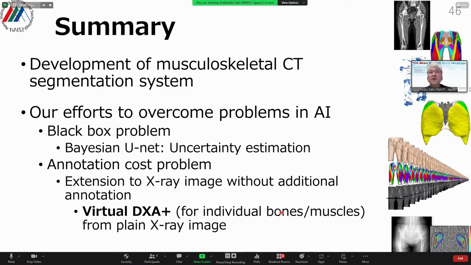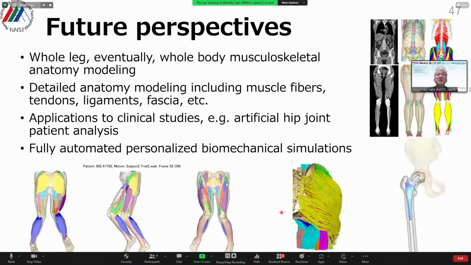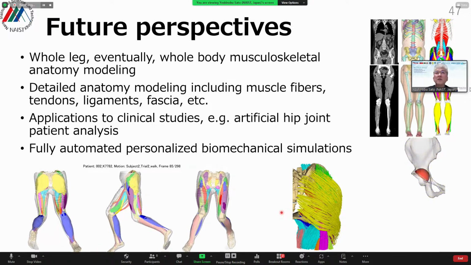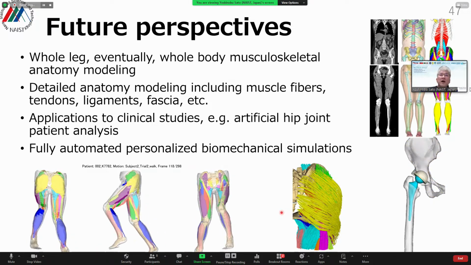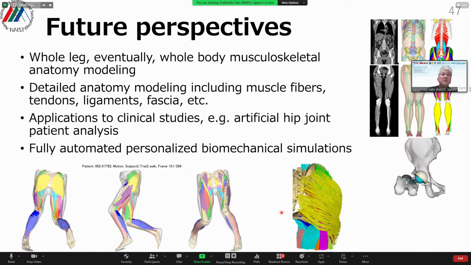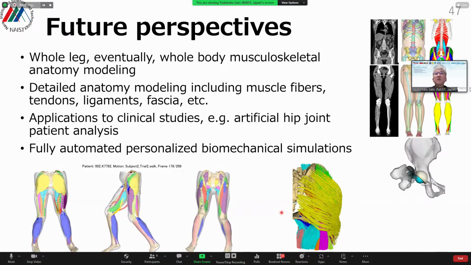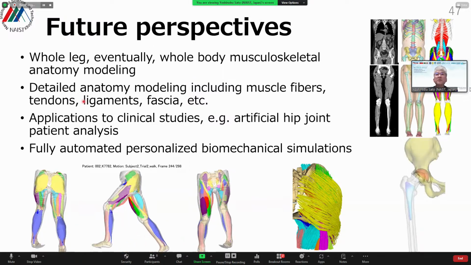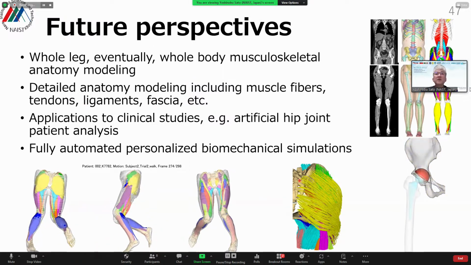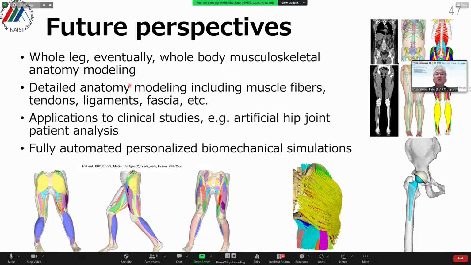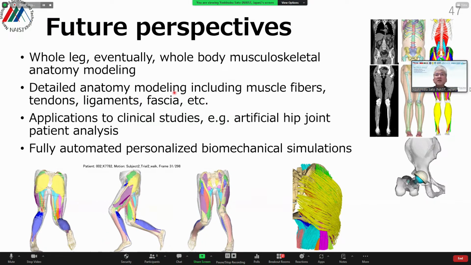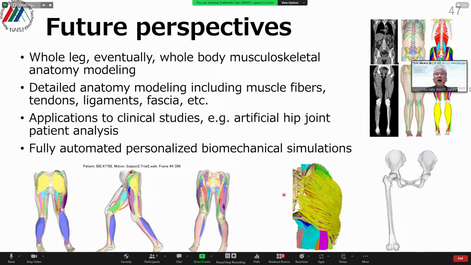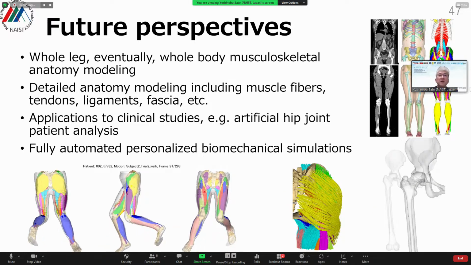So, future perspectives: we are now extending our CT segmentation and X-ray prediction system to whole body musculoskeletal anatomy. And also trying to model detailed anatomy, including muscle fibers, tendon, ligament.